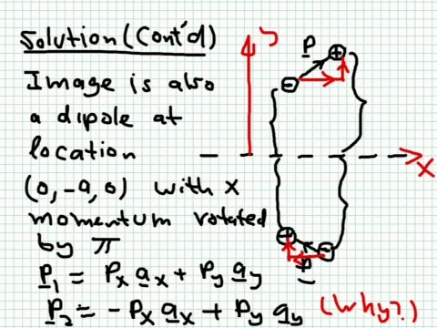Now, if this dipole is located at (0, a, 0), so its center is at y equals a here, then y would be minus a here. Then we can continue our calculations and apply superposition. The field, or the potential, anywhere here is simply the vector sum, or the scalar sum, of the field or potential resulting from the first dipole and the second dipole.